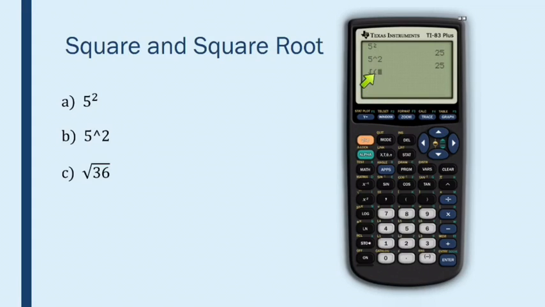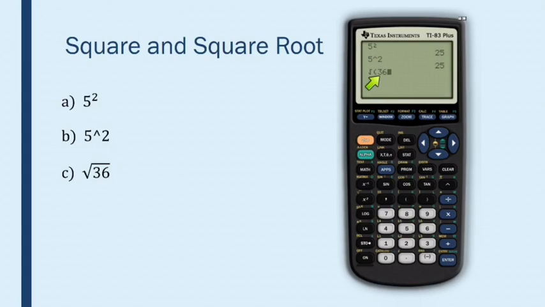Now everything that's in the parentheses is going to be considered under the radical. So we can say square root of 36. And now I want you to notice that I'm not even going to bother to close those parentheses, because if you press enter, then the calculator understands that it needs to close any open parentheses for you.